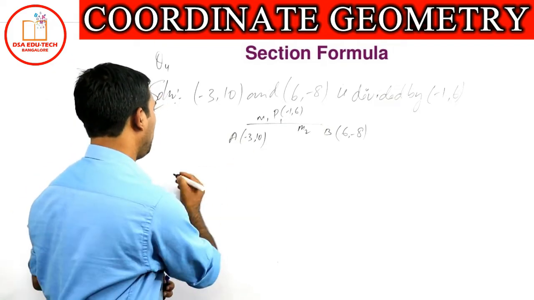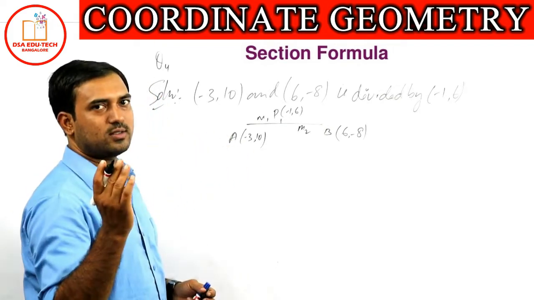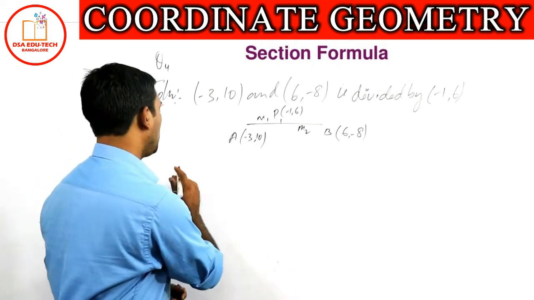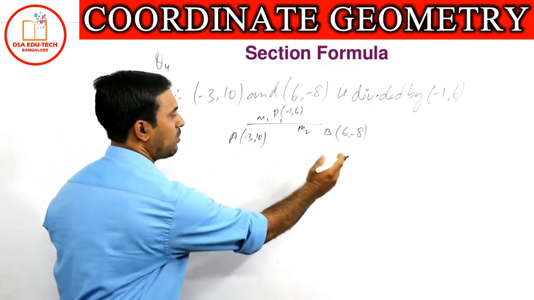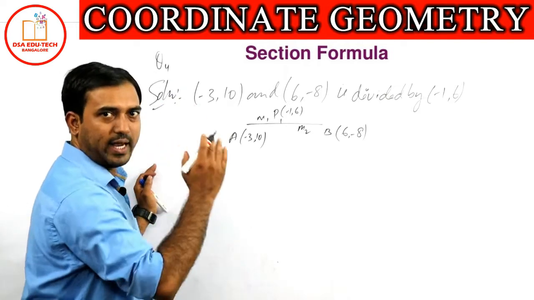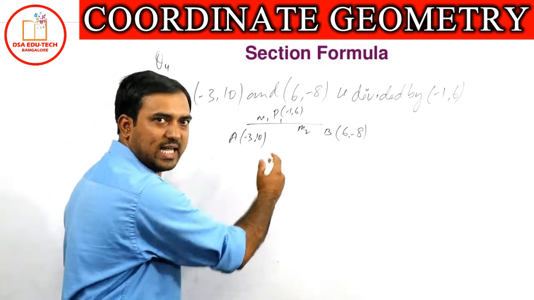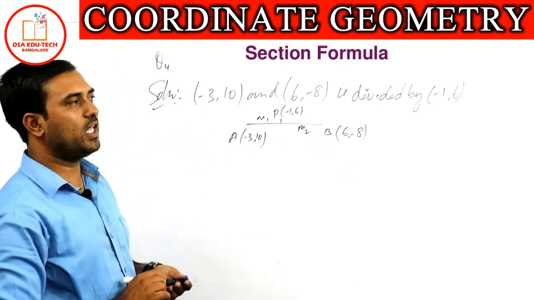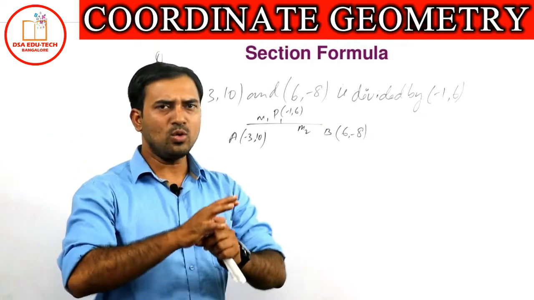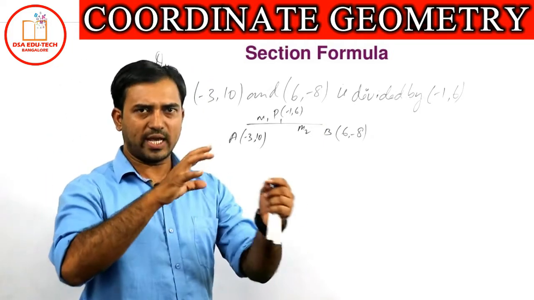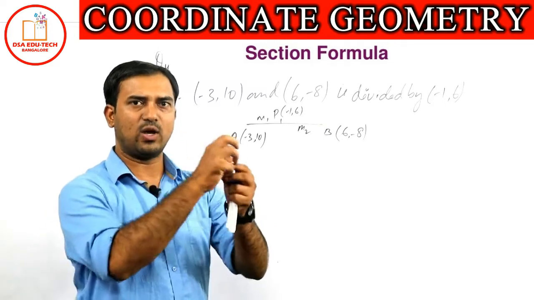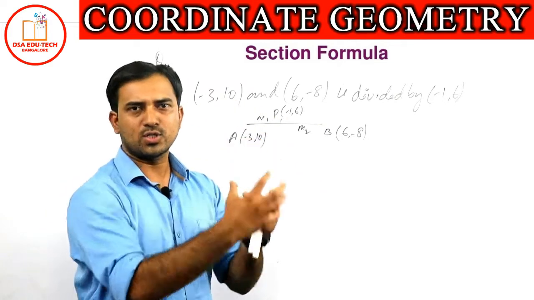It's pretty easy. We know the coordinate formula, or section formula. Instead of writing the section formula as a whole, I'll write the x coordinate and y coordinate separately. One thing you have to remember: there is no need to simplify both the x coordinate and the y coordinate. Take only the x coordinate formula and solve it.